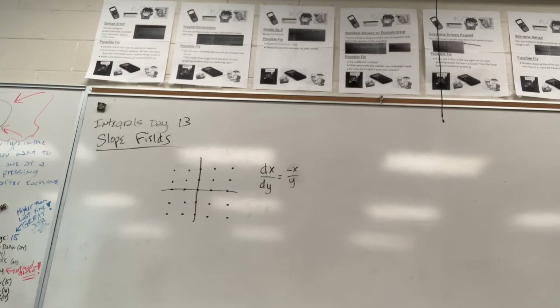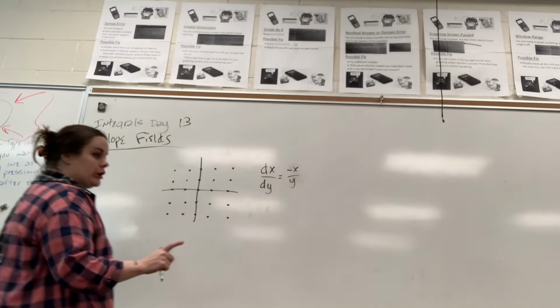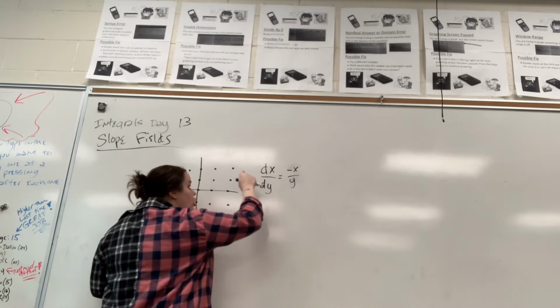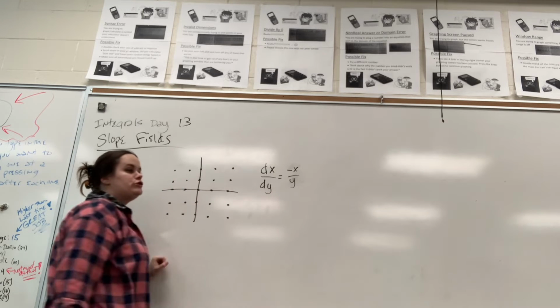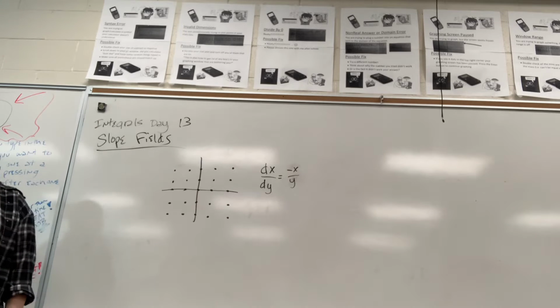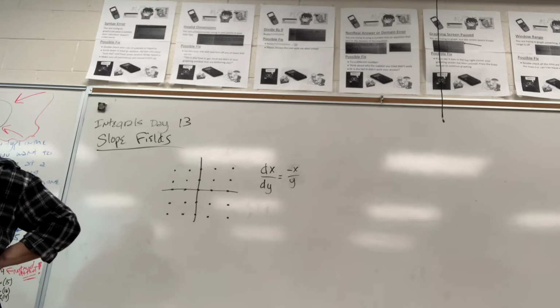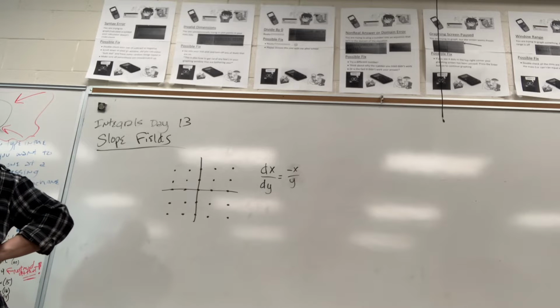But I can make a couple guesses about this, okay? I don't know for sure if the antiderivative of this equation goes through this coordinate at (2, 2). I don't know if it does. But if it does, I do know what its slope would be there. It's just what is on the derivative.